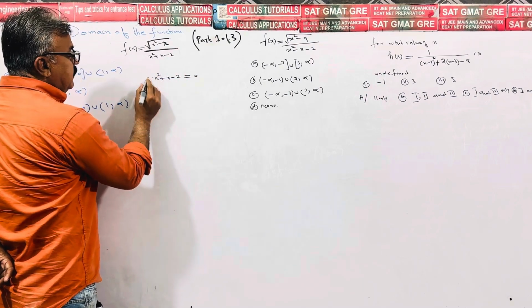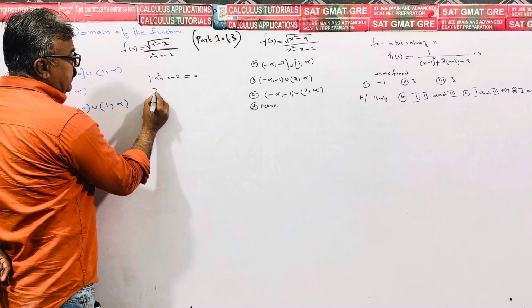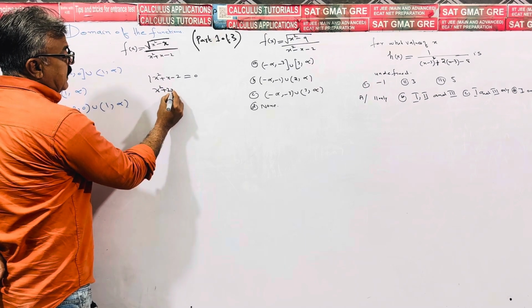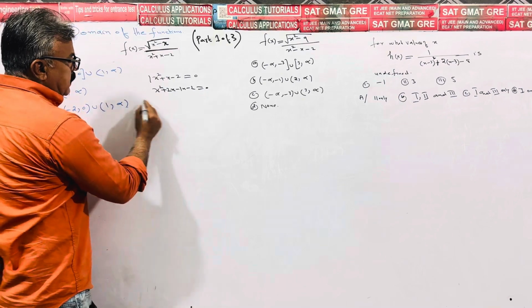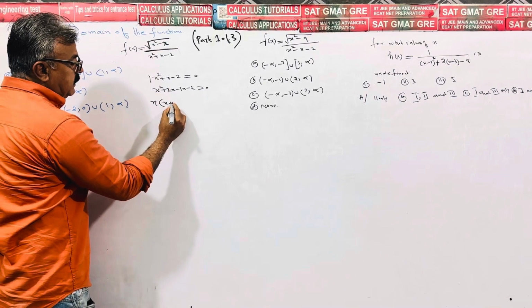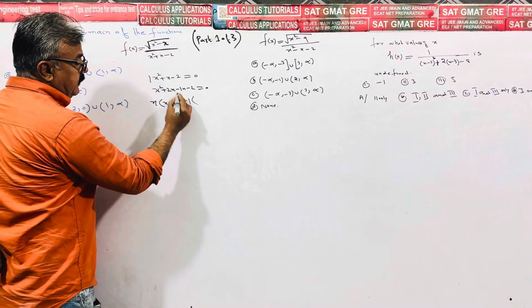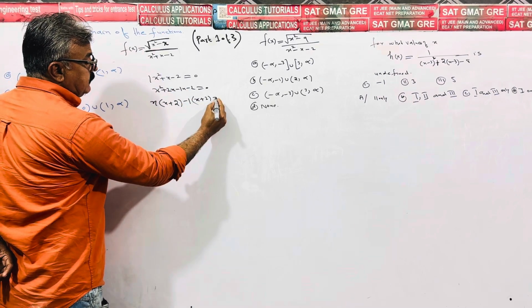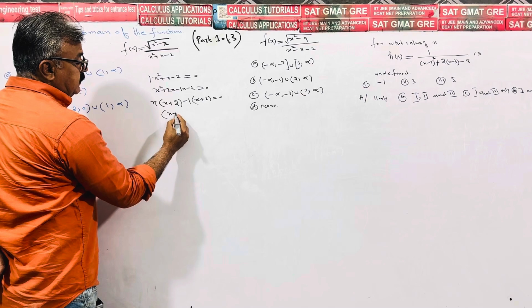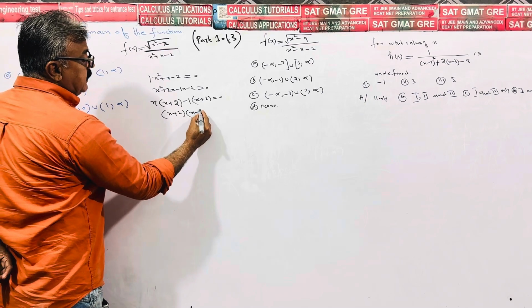A tiny trinomial: 1 can be written as 2 minus 1, so x square plus 2x minus 1x minus 2. Taking x common, x plus 2, and minus 1 common, whenever minus is common, change the upcoming sign, it becomes x plus 2. The first bracket is x plus 2, the other one is x minus 1.